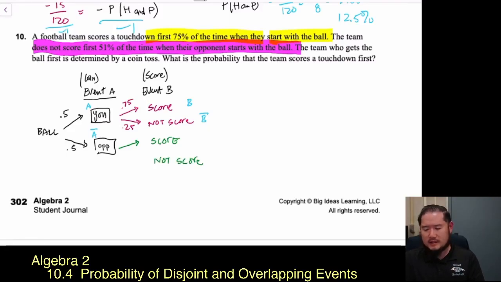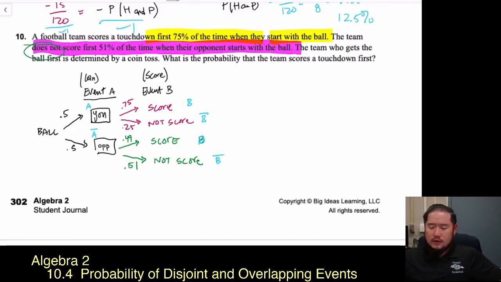Then they say the team does not score first 51% of the time when their opponent starts with the ball. So I need to put 0.51 right here for not scoring. And then up above, what's the percent that they do score? It's going to be 0.49. And then we have B for scoring, and B with the bar for not scoring.